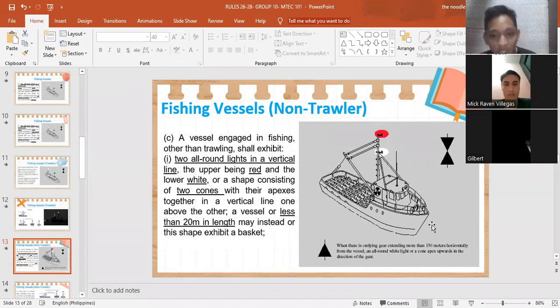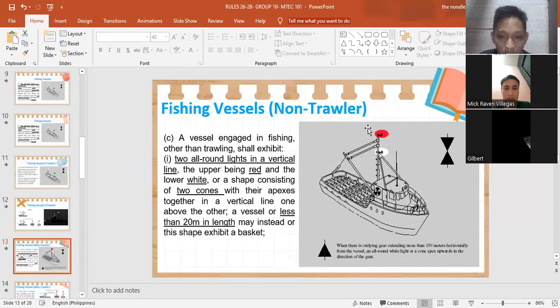So when there is outlying gear extending more than 150 meters horizontally from our vessel, what we have here is that we need to have an all-round white light or a cone apex upwards in the direction of the gear.